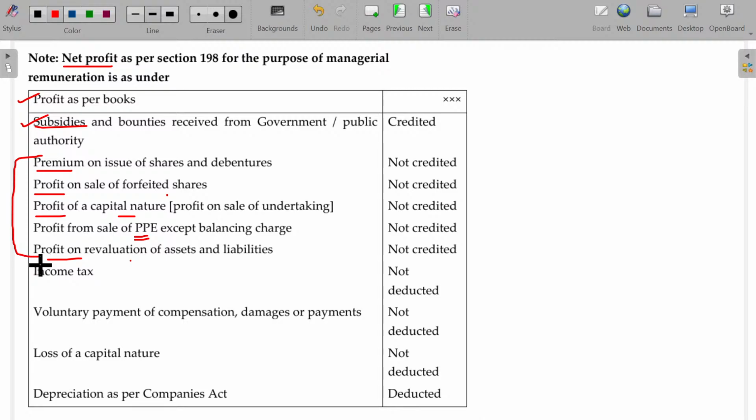And income tax should also be removed. And voluntary payment of compensation. The director says, sir, it is not required, sir. You are deducting this and giving me lesser remuneration. After deducting this profit I am getting less. I will never accept this. So the profit being 1,000, suddenly the promoter deducts 200 rupees as voluntary compensation and says only 800 rupees, so remuneration payable to the directors being only 5% would be 40 rupees.